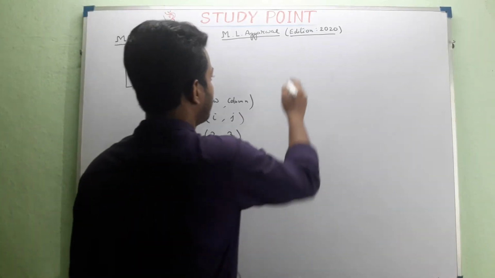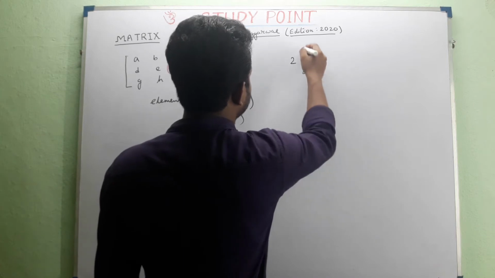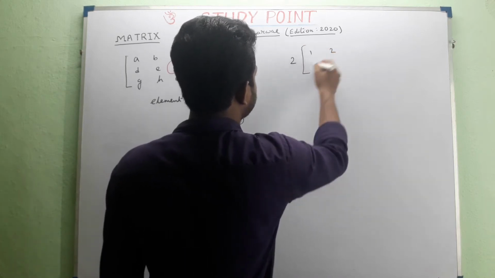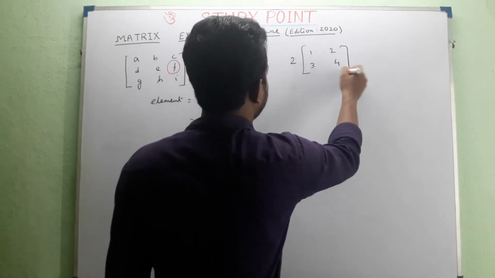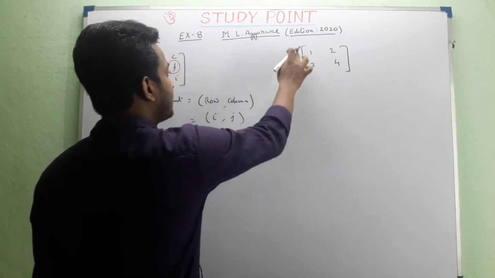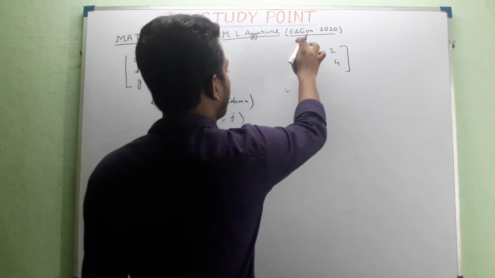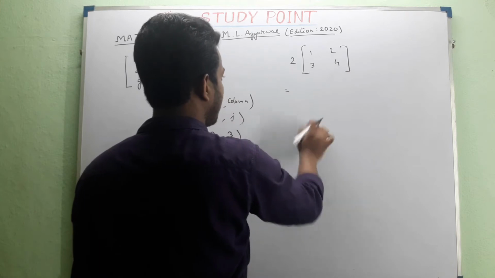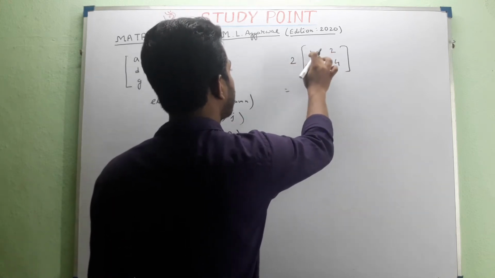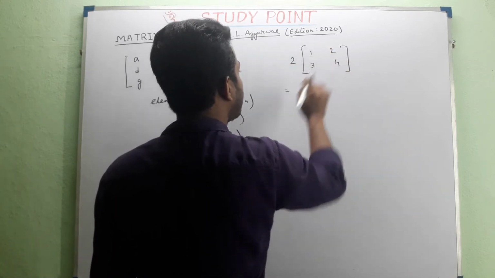Now let's move to one another thing. Suppose the matrix is written like that. It means that this 2 is multiplied with this entire matrix. Means when 2 is multiplied, it will be multiplied with each and every element of this matrix.